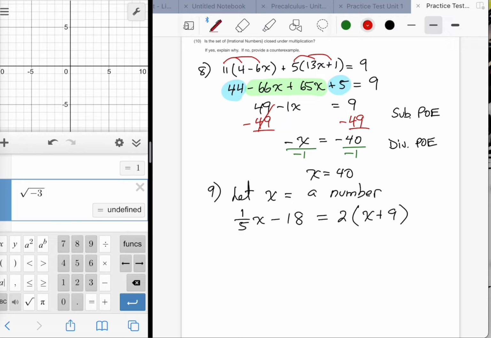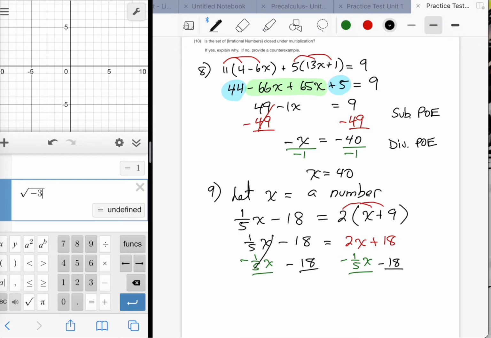All right, so I'm going to multiply by 2 using the distributive property, 2x plus 18. I'm going to subtract the 1/5 x from both sides. Simultaneously, I'm going to subtract an 18 from both sides.